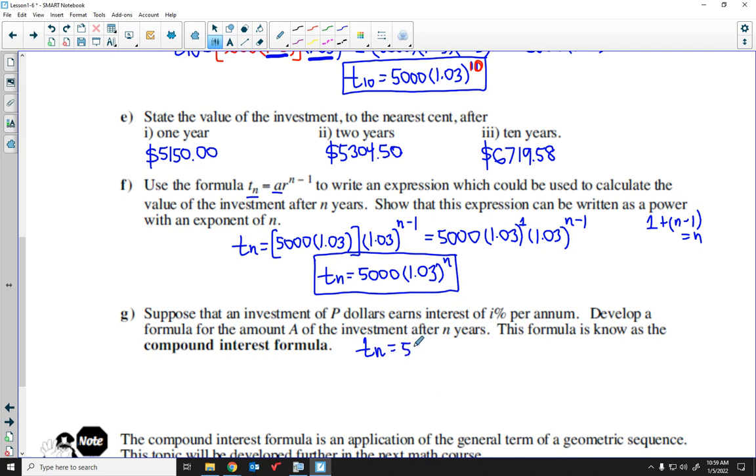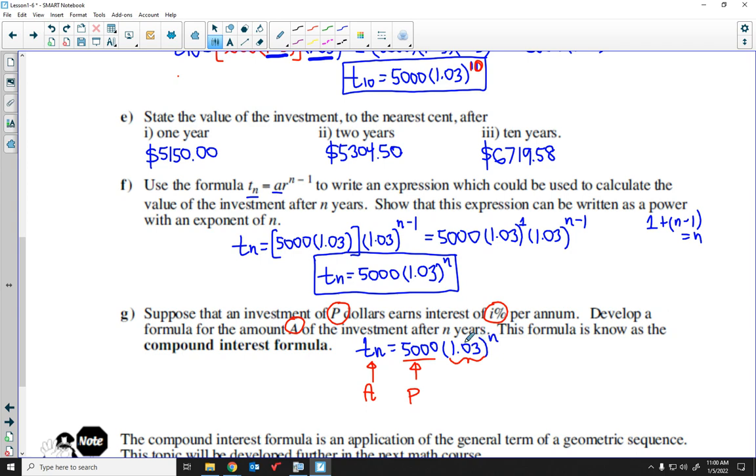So we have T of n is equal to 5,000 and then 1.03 to the power of n. A represents the value of the investment after n years. So we're actually going to replace T of n with A. P represents the starting amount of the investment. Well, that's the $5,000. That would just be P here.